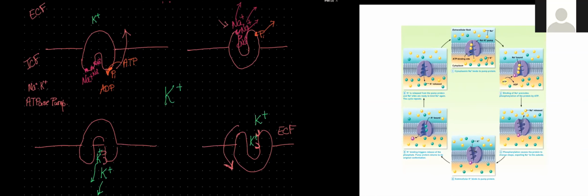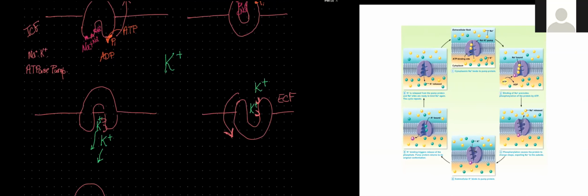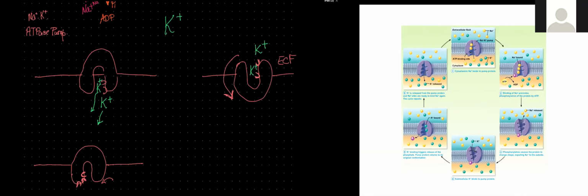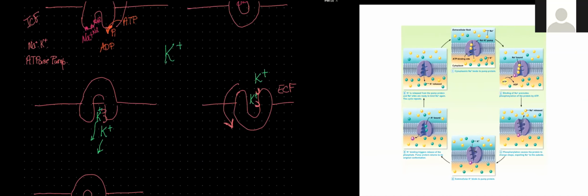once it releases the 3 sodium to the outside of the cell, what happens again? 2 binding sites for potassium will be exposed, and this will allow the carrier to bind to the 2 potassium, and it will rotate again, moving to the inside of the cell, and this will allow it to release the potassium and again to expose the 3 binding sites for the 3 sodium.